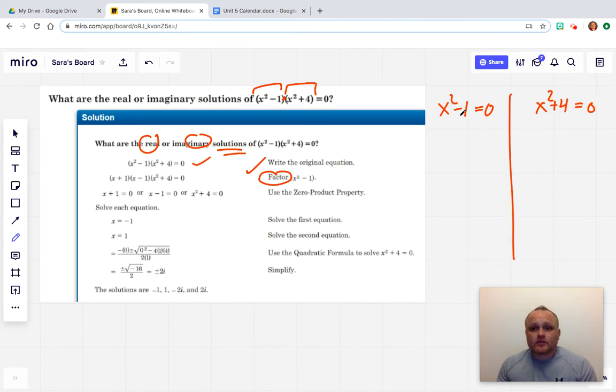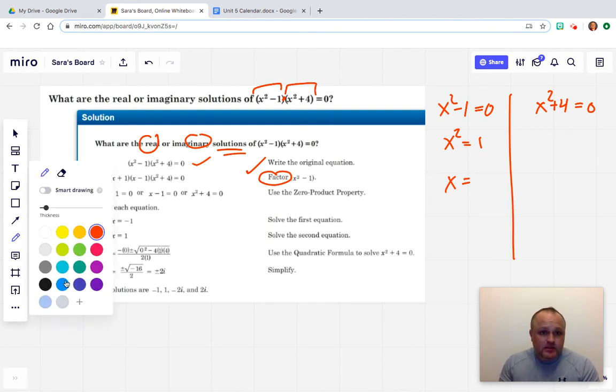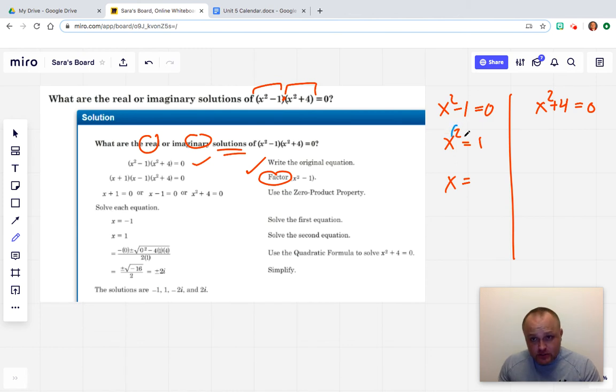Now, if I solve this one out, I'm going to add 1 to both sides and then square root. Here's the kicker. When you square root, anytime this power, this is huge, is an even number, and it's set up like x squared equals a number, x squared, or x to the 4th equals a number, x to the 6th, anytime this number is even, you have to do a plus or minus on the right side.